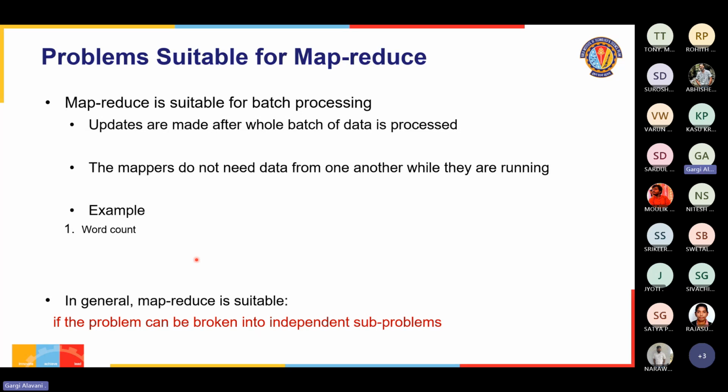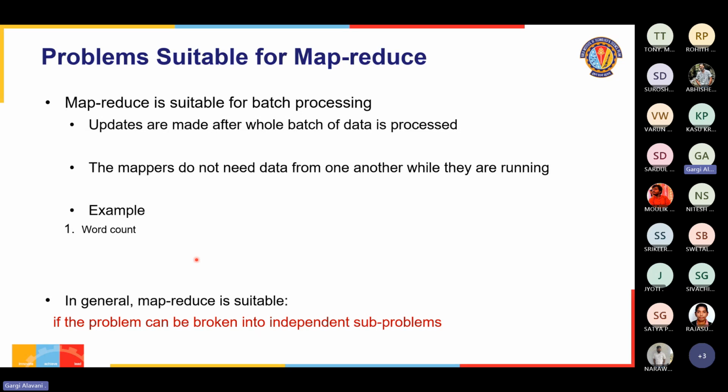Example, as we've seen in word count, we'll see more examples later. So in general, if the problem can be broken into independent sub-problems, MapReduce is a go-to solution for you. If the problem cannot be independent, MapReduce will not work.